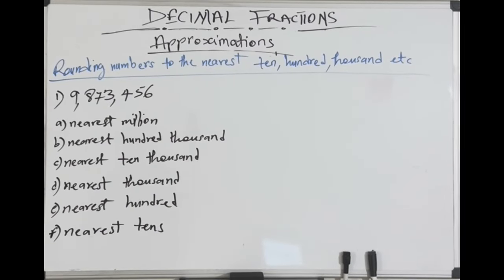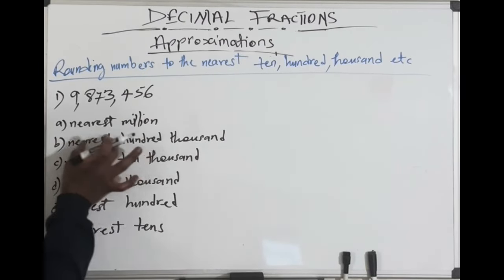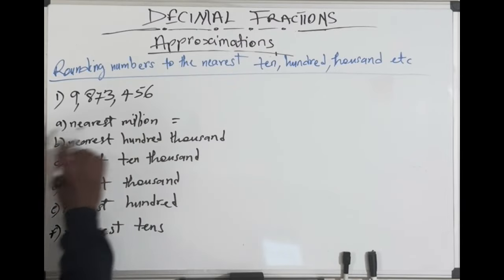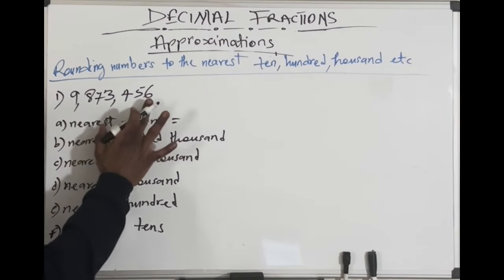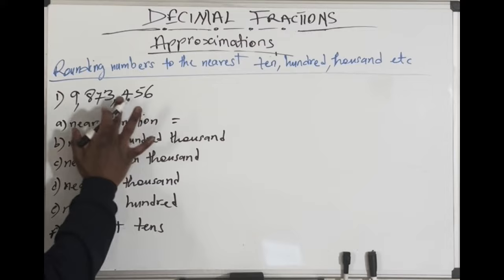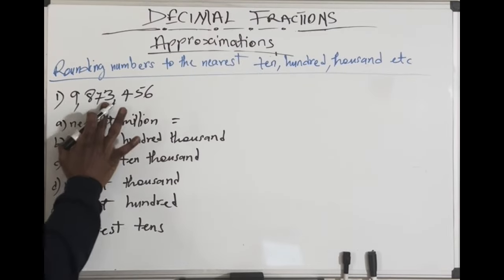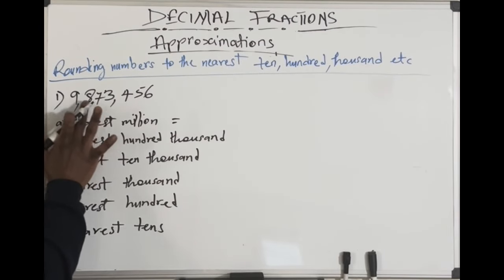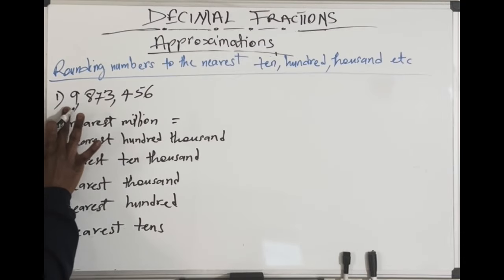Round the numbers to the nearest 10, 100, 1,000, and it goes on: 10,000, 100,000, millions. So we have a figure like 9,873,456, and then we are told to round it to the nearest million. So ones, tens, hundreds, thousands, tens of thousands, hundreds of thousands, then millions.